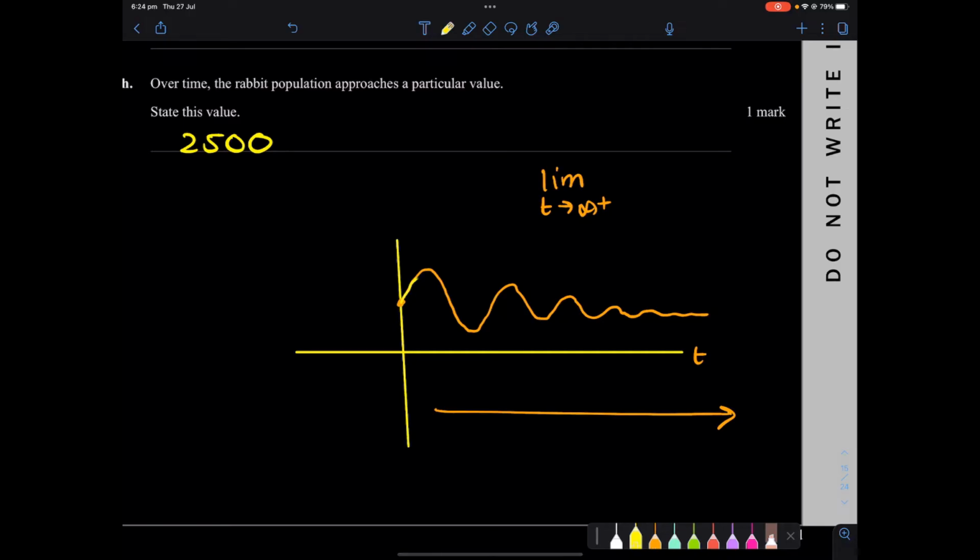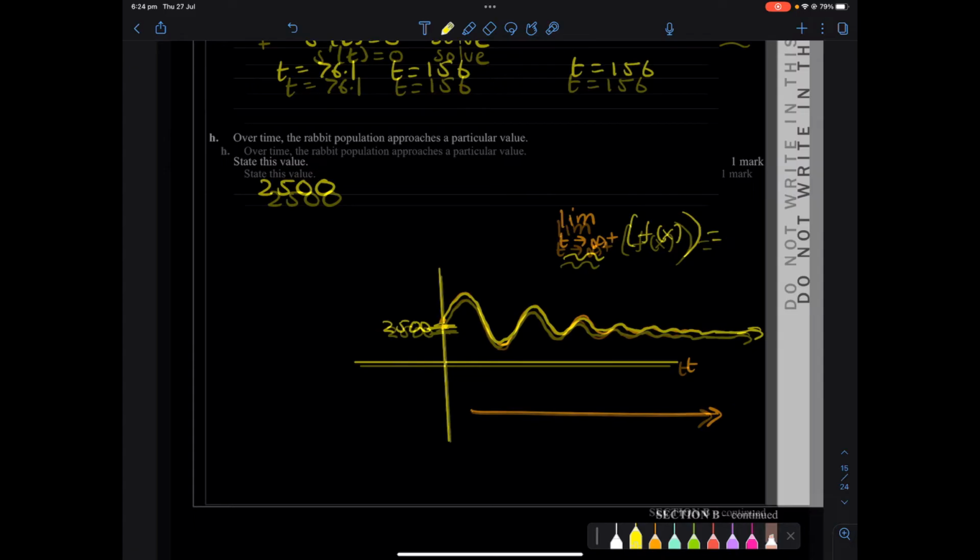We can see it's going up and down, but its oscillations are getting smaller, and it approaches a value. It gets so close to a value, and we've just calculated that value to be 2,500 by using limits. Limits are very useful. You just need to put the function in, and it pulls out the answer for you.